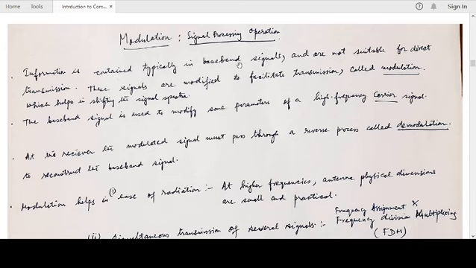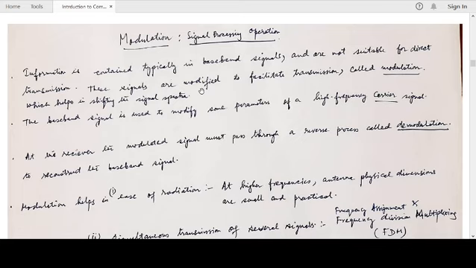Information is contained typically in baseband signals, which are not suitable for direct transmission. Why? Because of the dimension of the transmitting antennas, or the transmitting frequency, so that you can share various kinds of information and transmit together. These need to be very practical. These signals are hence modified to facilitate transmission, and this modification is known as modulation, which helps in shifting the signal spectra.